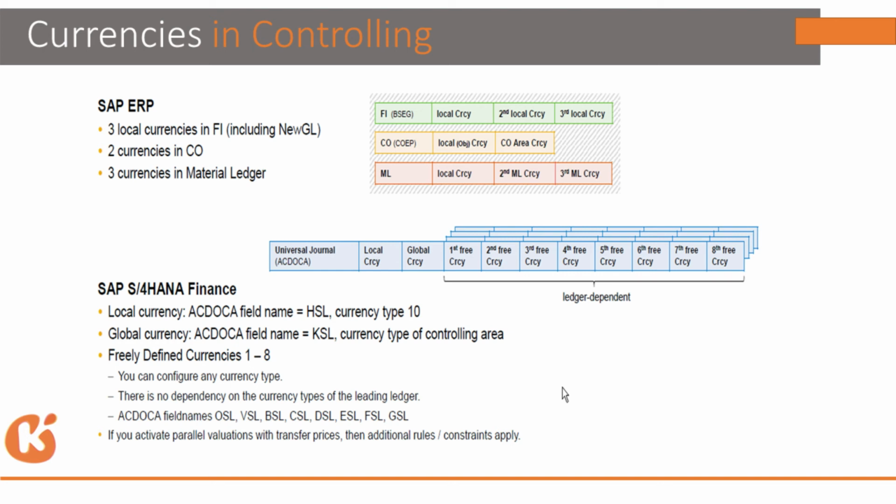Currently, in S/4HANA in FI we have total 10 currencies: local currency, global currency, and you can define additional 8 freely defined currencies. That's an option, like you have 8 free currencies. But for client level, I think there will be again 3 definite currencies. I think one hard currency or something like that. Each client will have. Yes, yes.